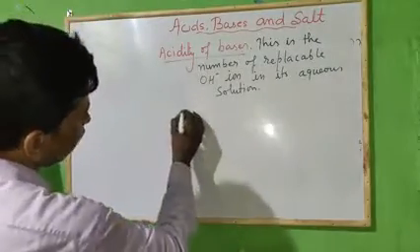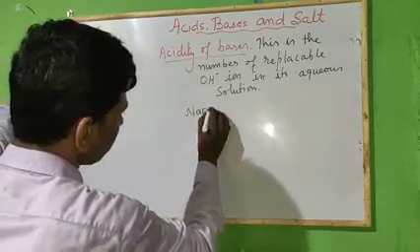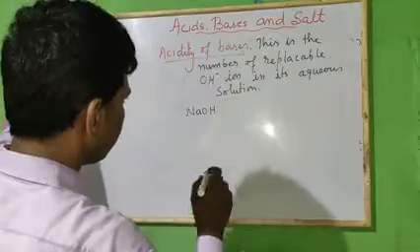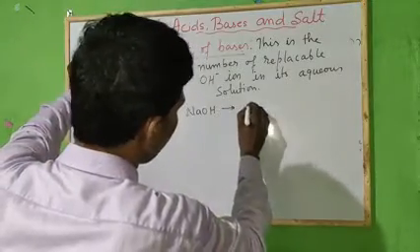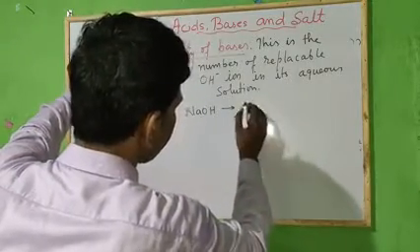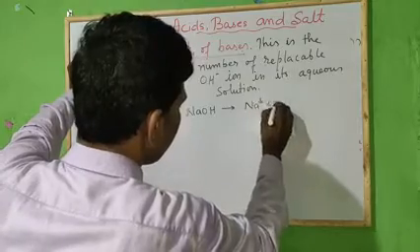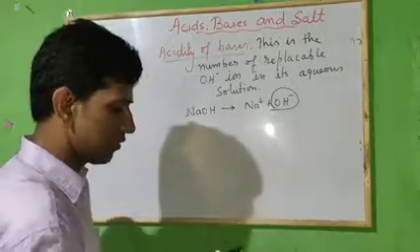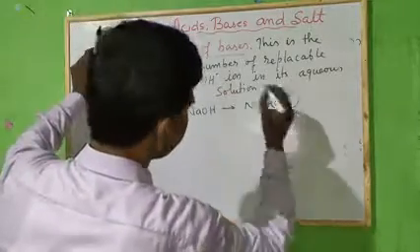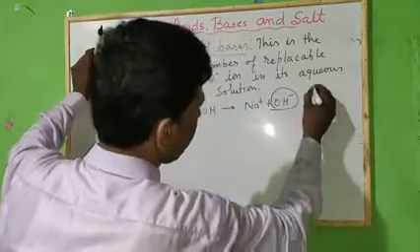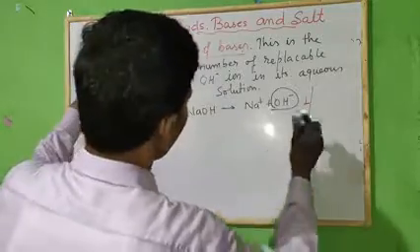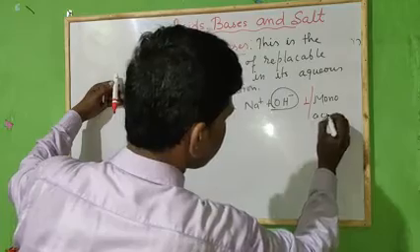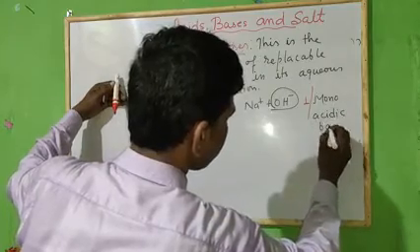Try to understand. Suppose I am taking NaOH. When NaOH comes in contact with water, it will release Na plus and 1 OH minus. So if 1 OH minus, it means acidity will be 1 and it will be a monoacidic base.